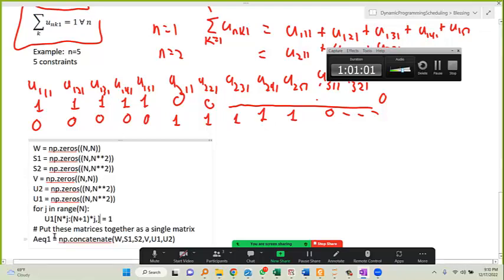When you do a range in Python, you don't include the last index, so this would be from 0 up to 5. So it's n times j plus 1.